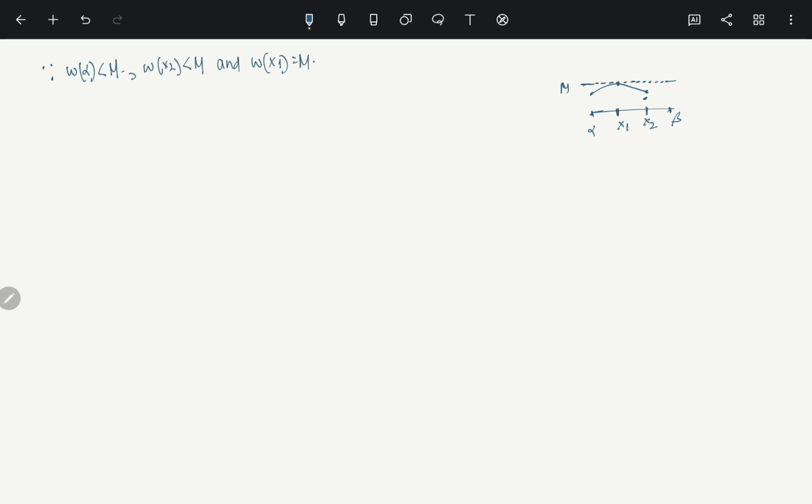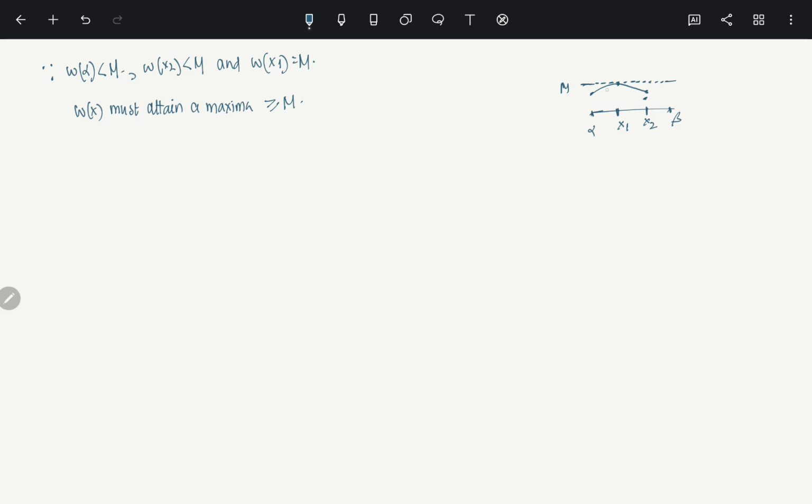So you see, if it does, then Wx must attain a maxima greater than or equal to m. Is it okay?